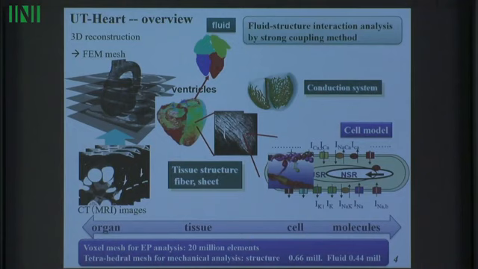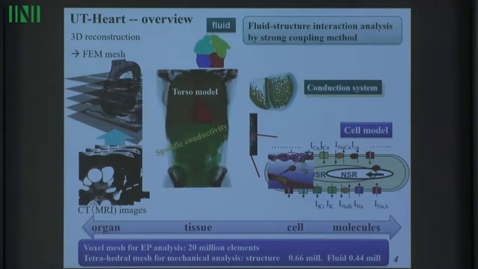Although it is not used for the current analysis, we have a capability to model the blood inside the chamber and solve the fluid structure interaction analysis by strong coupling method. We also created torso for the analysis of electrocardiogram.